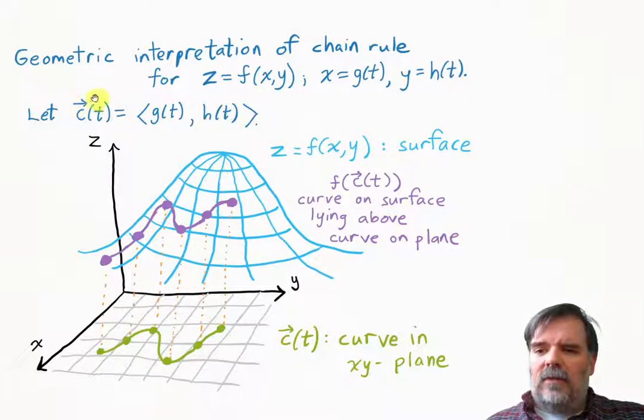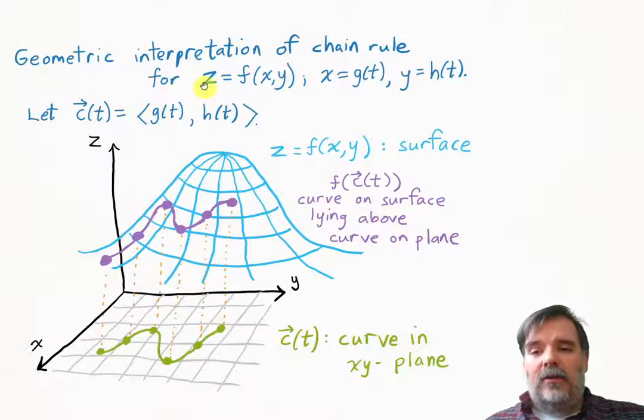And so this vector function c of t, we can imagine it in a three-dimensional space, but c of t could trace out a curve in the xy plane. Maybe this is c of 0, c of 1, c of 2, c of 3, c of 4, c of 5. So we have this curve down here.